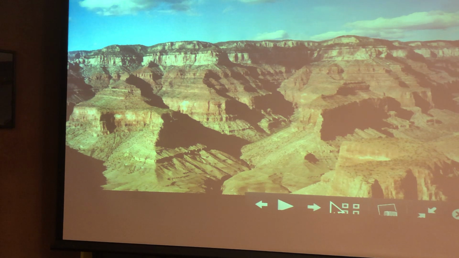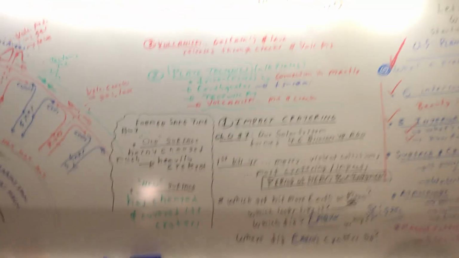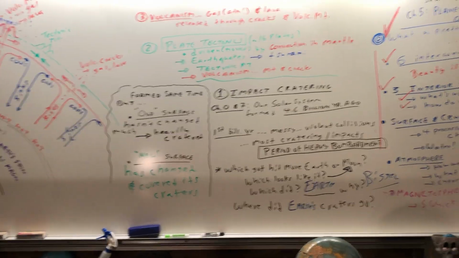And now we're going to talk about another way that Earth's surface changes. The fourth way for Earth's surface to change. And here we go. All right, we've got 3.